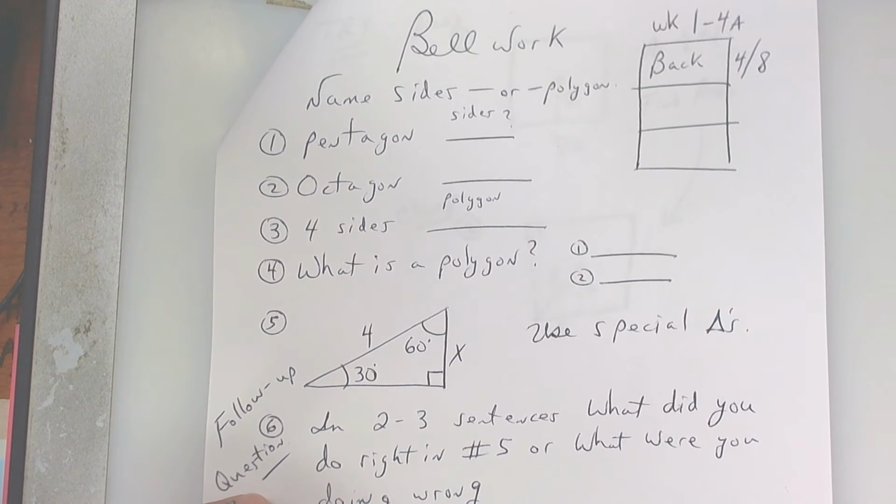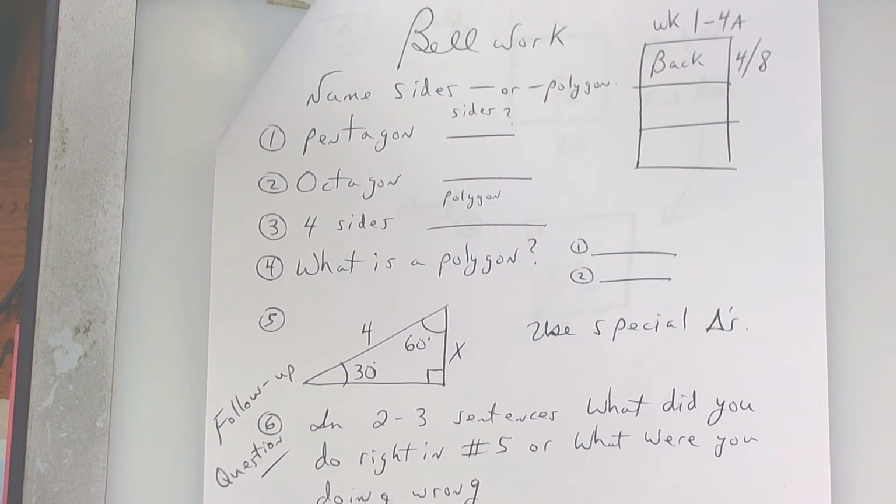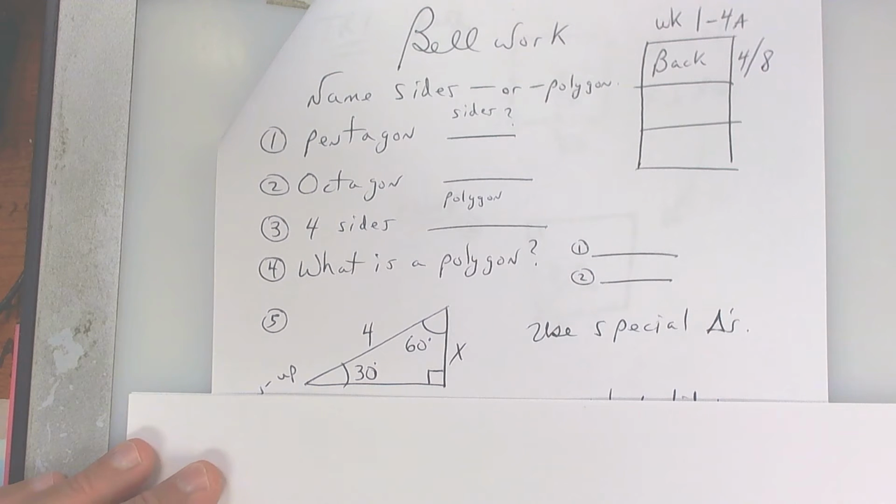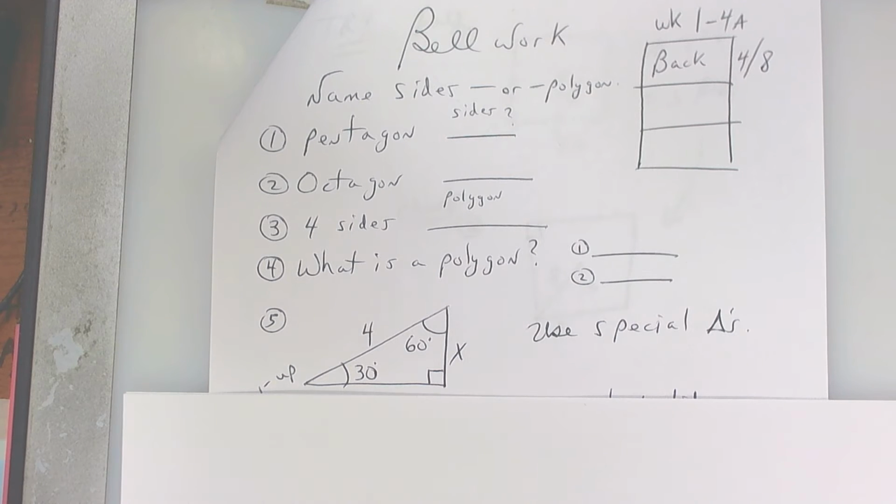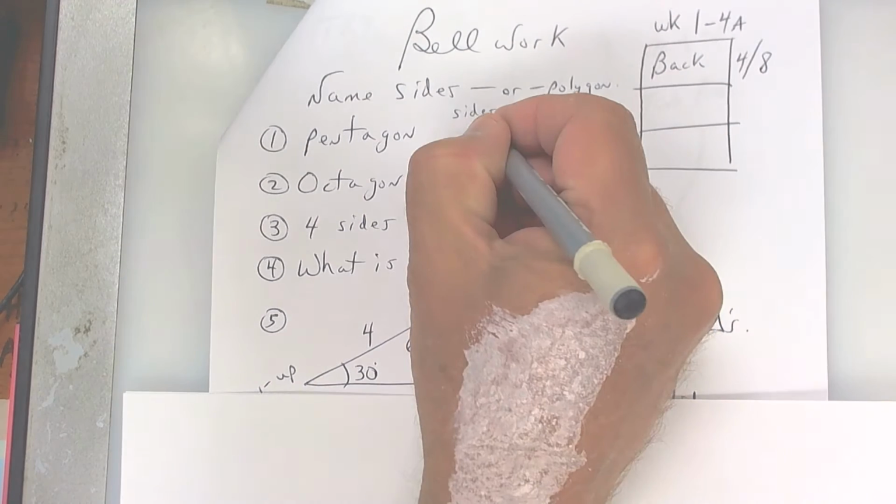Let's talk about geometry here. Okay, let me cover up this number 6 here. Okay, so let's work these. Name the sides or what polygon it is. If it's a pentagon, it's got 5 sides.